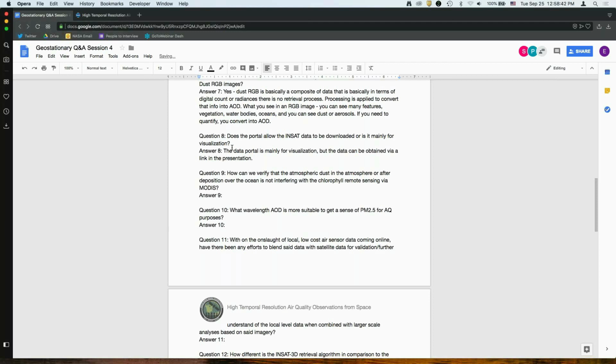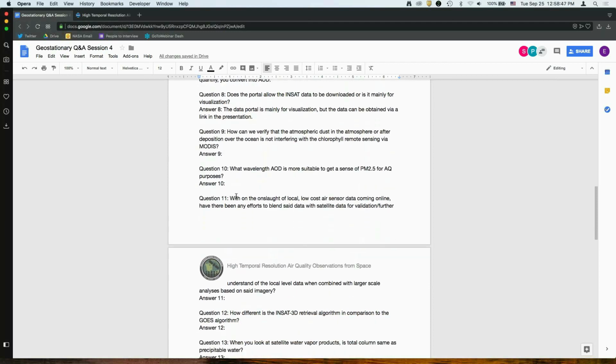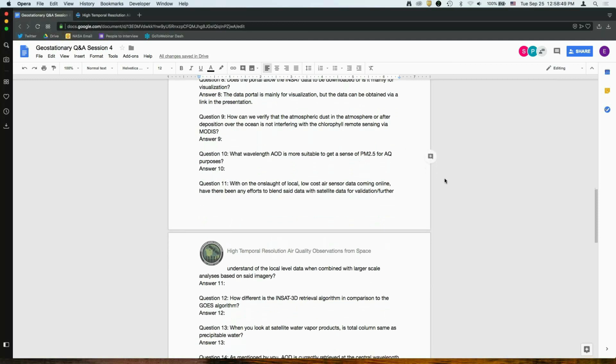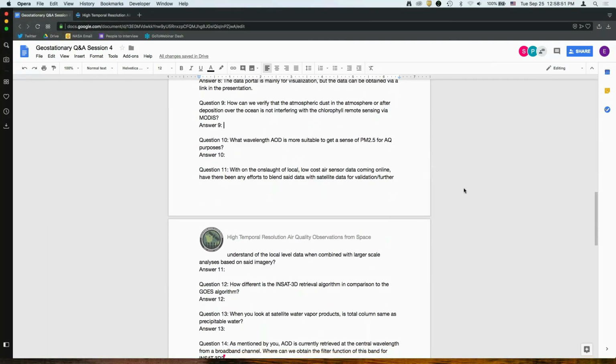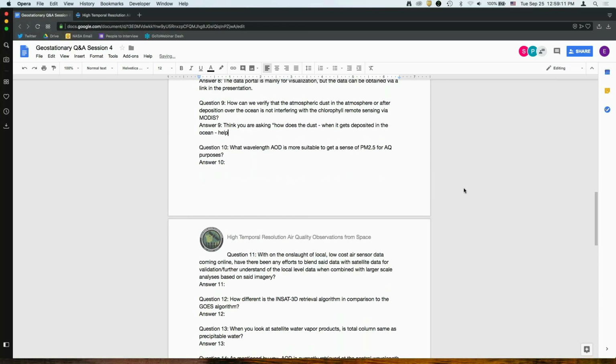Question 9 is, how can we verify that the atmospheric dust in the atmosphere or after deposition over the ocean is not interfering with the chlorophyll remote sensing bio-models? I'm not sure what you want to ask, but I think you are asking how dust, when it gets deposited into the ocean, helps in chlorophyll blooming.